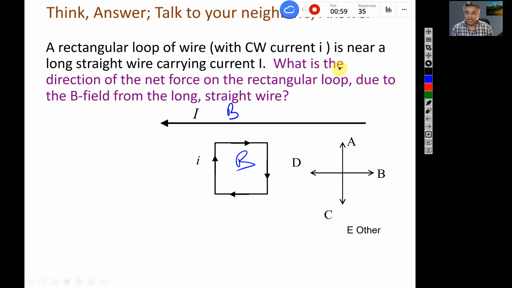If I were you, I'll draw the direction of forces in all sides and see what's happening. And the magnitude of force depends on distance, right?